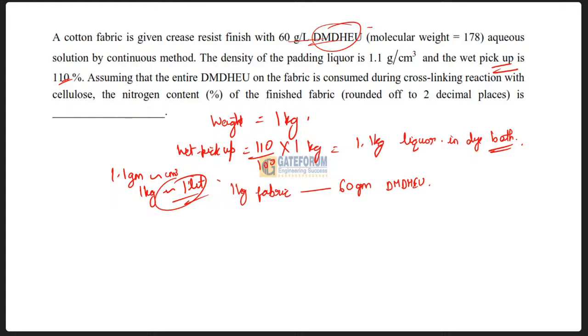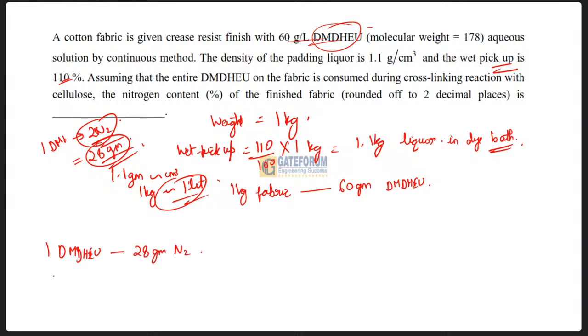If you see the structure of DMDHU, 1 DMDHU contains 2 nitrogen units. 1 nitrogen is 14 grams, so 2 nitrogen means 28 gram. So 178 gram DMDHU contains 28 gram nitrogen.